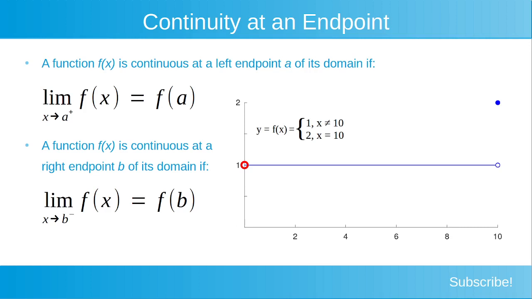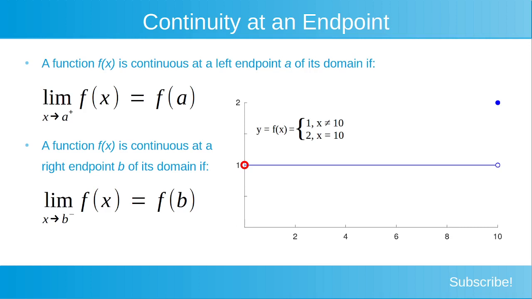For our function to be continuous at that left endpoint a, the right-hand limit, the limit as x approaches a from the positive side of f of x, has to equal the function value at that left endpoint, f of a.